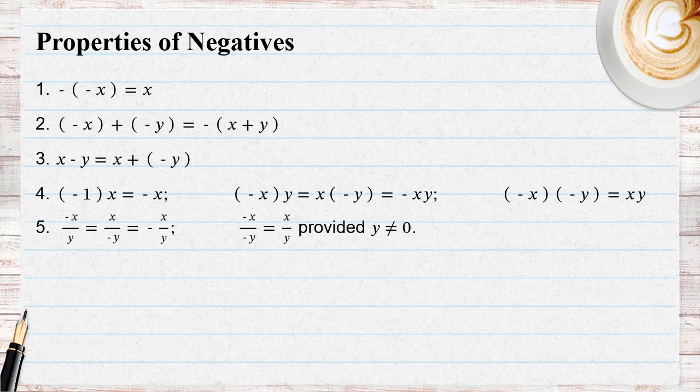Negative x over y is equal to x over negative y, which is equal to negative x over y. Negative x over negative y is equal to positive x over y, provided that y is not equal to 0.